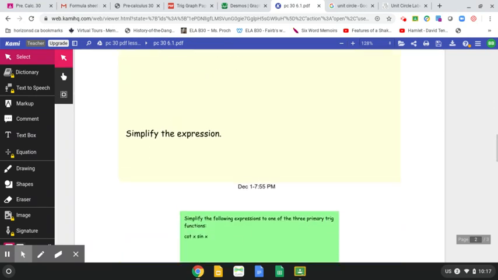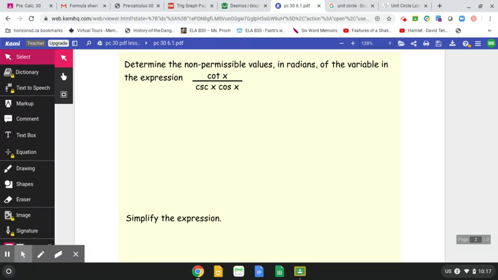All right, I'm going to do one more question that deals with non-permissible values, in radians this time. So there's my expression: cotangent x over cosecant x cos x.